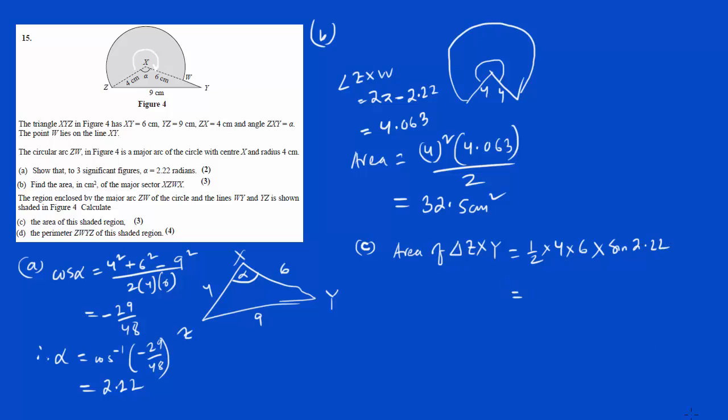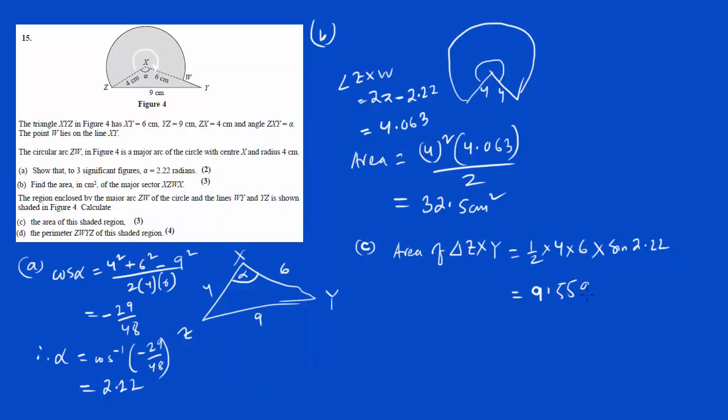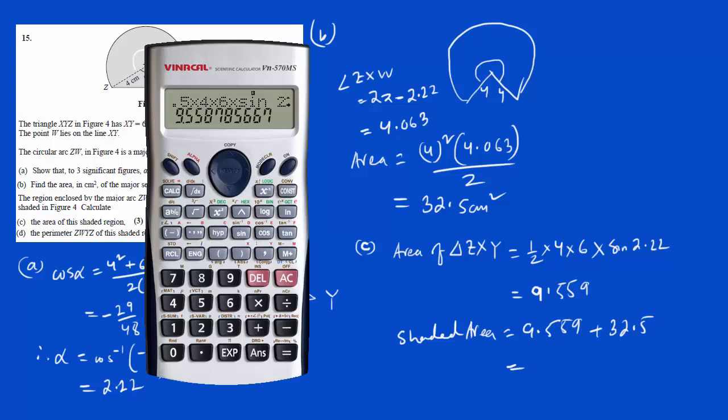Let's calculate. It is 9.559. So the shaded area would be the area of the triangle added to the area of the major sector, 32.5, and it is 42.1.